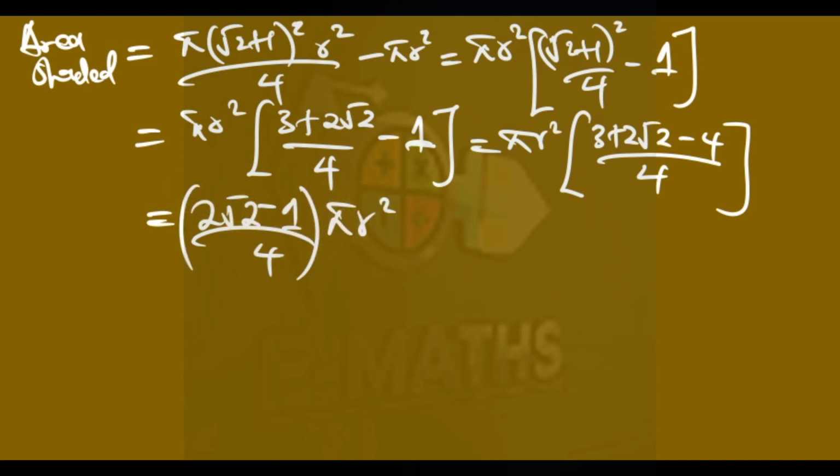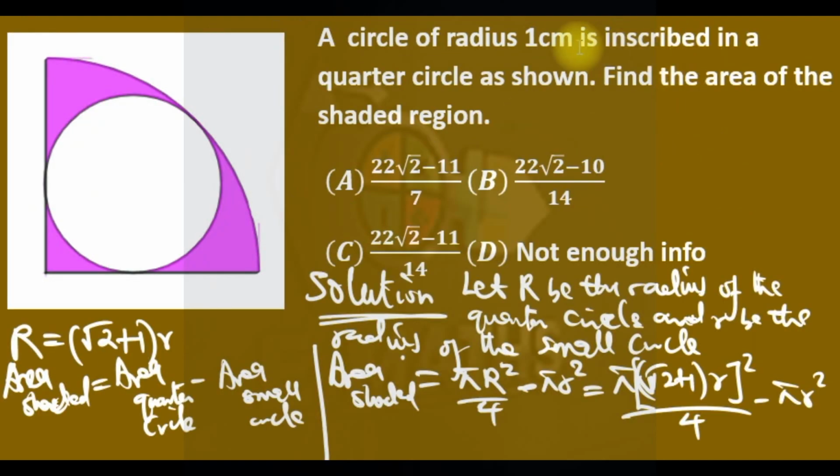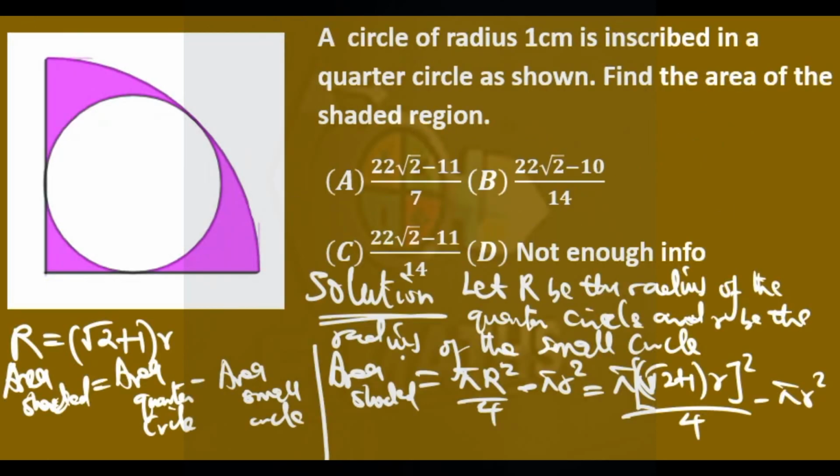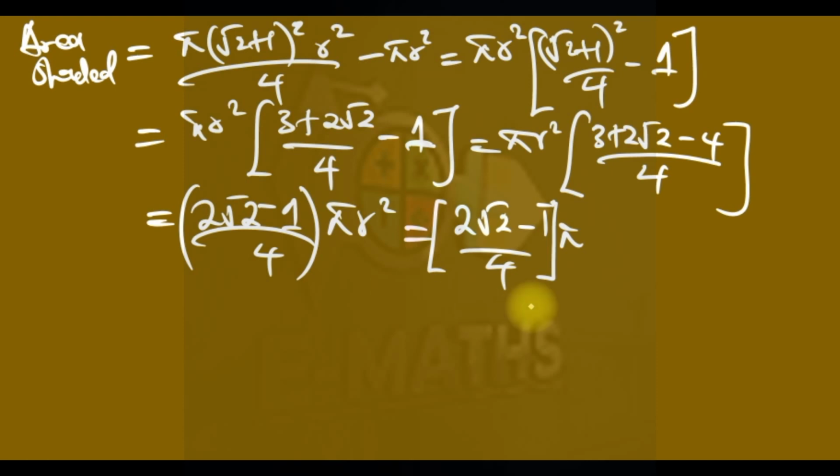So that's the area. But they told us that the radius of the small circle is 1, so r is 1. Therefore, this is 2 root 2 minus 1 over 4 times pi. But looking at the options, there's nothing like that. So it means that they substituted pi as 22 over 7.